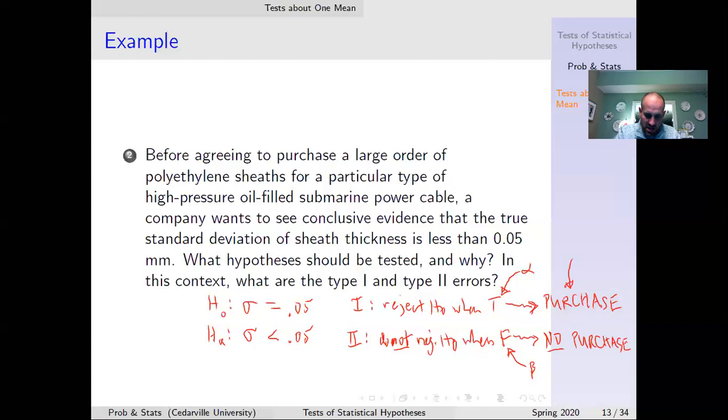This is really bad, which is why you always want to control that type 1 error, that alpha error. Alpha is the percentage of time that you make that error, and beta is the percentage of time you make the type 2 error. But you can only control one of those, as we will see. We always opt to control the type 1 error because it's always worse. All right.